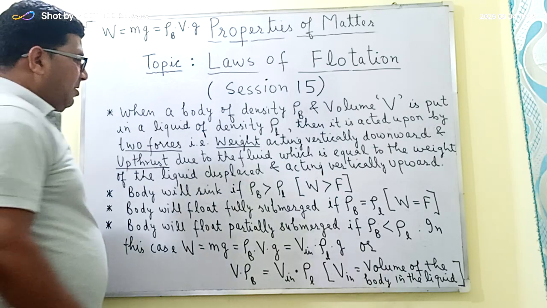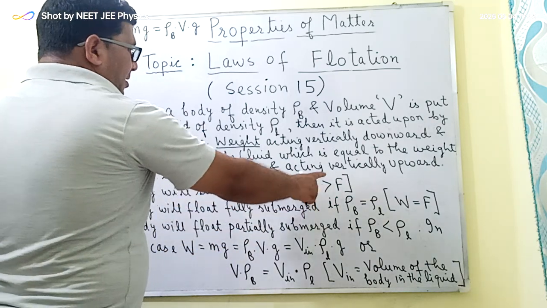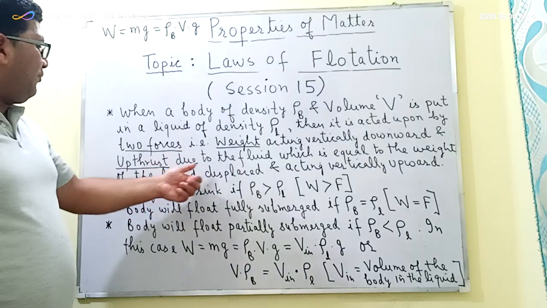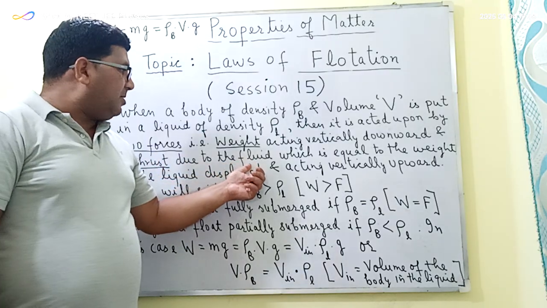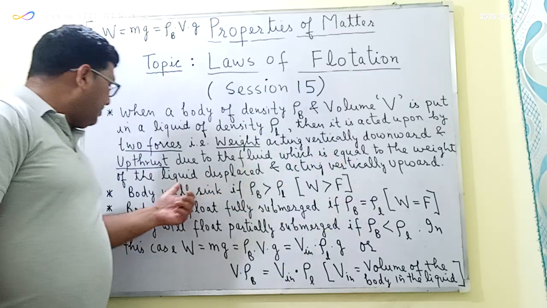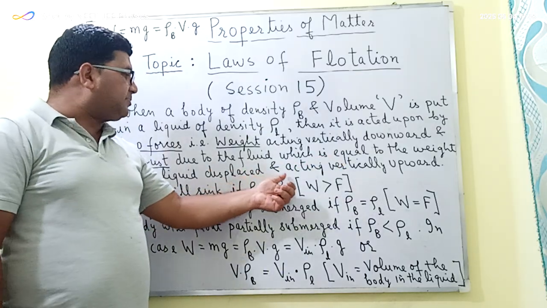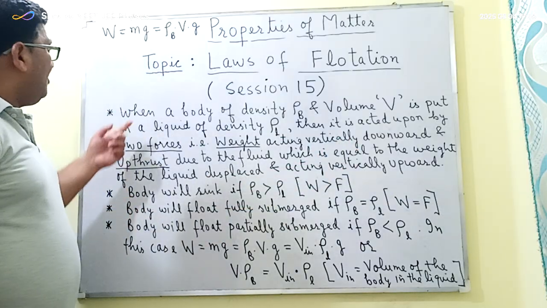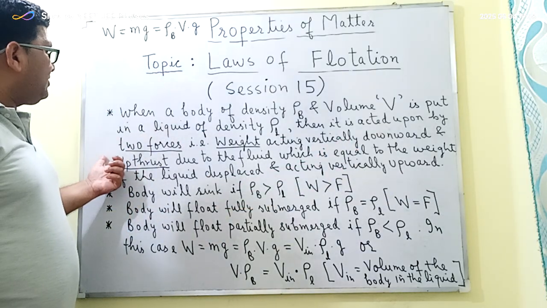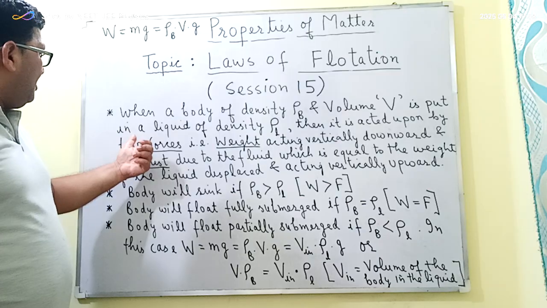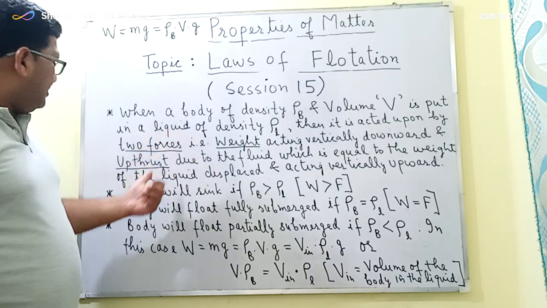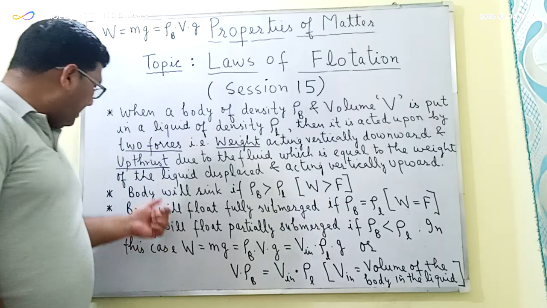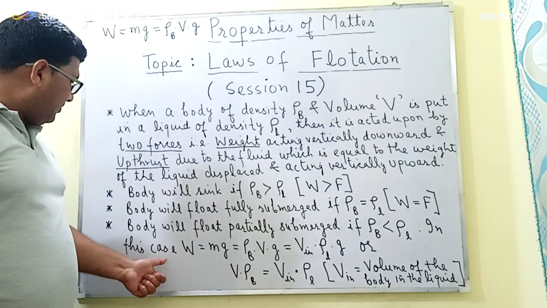And the upthrust due to the fluid in which it is immersed will be equal to the weight of the liquid displaced, and this upthrust will be acting vertically upward. So when the body is immersed in a liquid, then three cases can happen as I have written here.